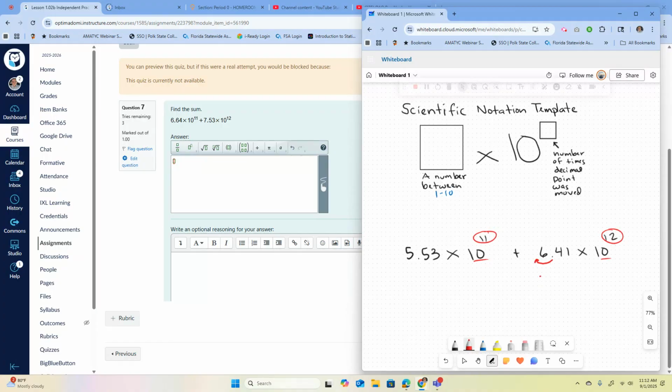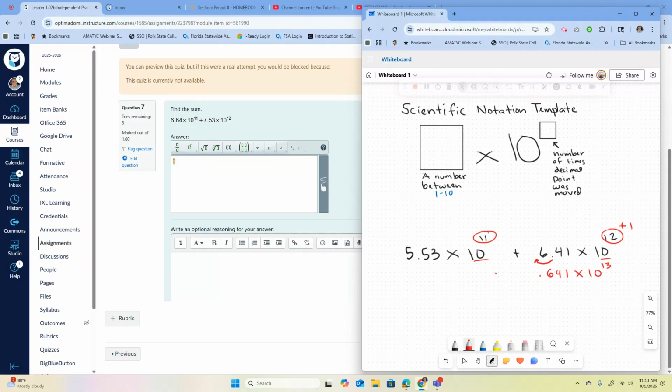So now I'm going to have 0.641 times 10, and when you move the decimal point to the left, we are adding 1 to the original exponent of the power of 10. So now this is to the 13. When you move the decimal point to the left, you're adding to the original exponent. When you move the decimal point to the right, you're subtracting from the original exponent.